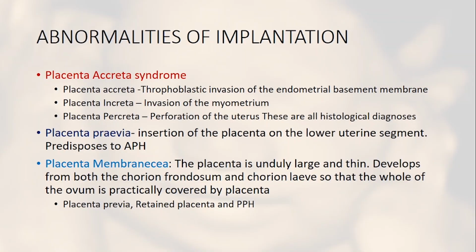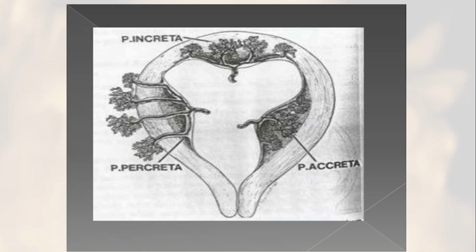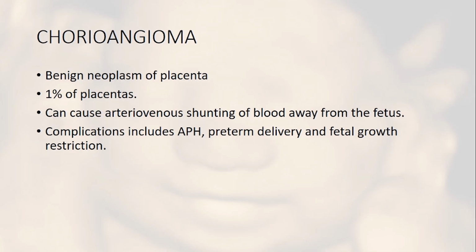This is where the whole of the endometrium is covered by placenta, and that happens when the chorion frondosum and chorion laeve form a placenta. And this can lead to placenta previa, retained placenta, and then postpartum hemorrhage. So this is a diagram showing the different classification of the placenta accreta syndrome.